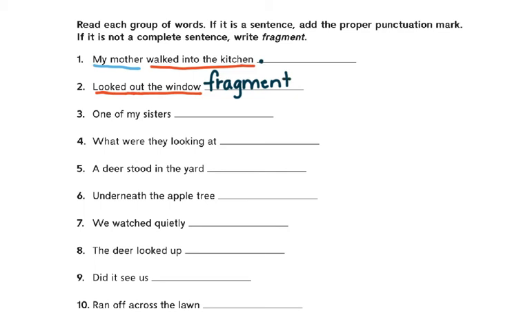One of my sisters. So this looks like it's a subject. But what about one of my sisters? I'm not giving you a predicate. I'm not giving you an action. So this is missing a verb. One of my sisters, what are they doing? So since we're missing that, this is also going to be a fragment.